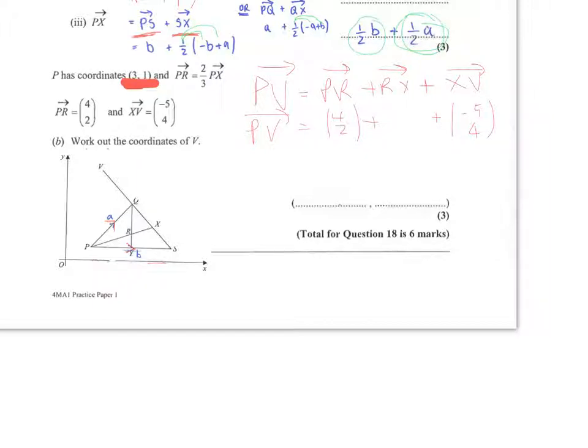We're also told that p to r is 2/3 of p to x. So p to r, this value here, is 2/3 of the entire distance p to x.